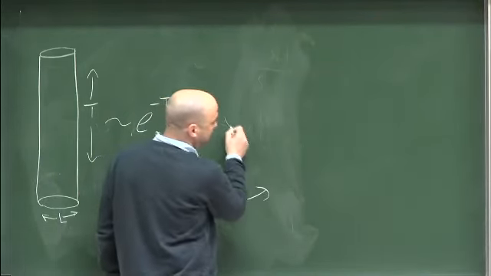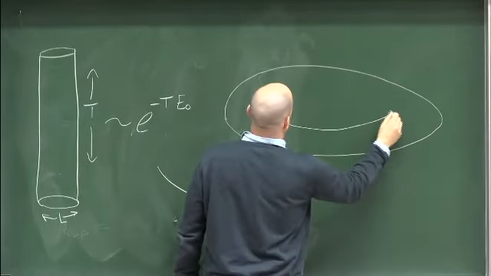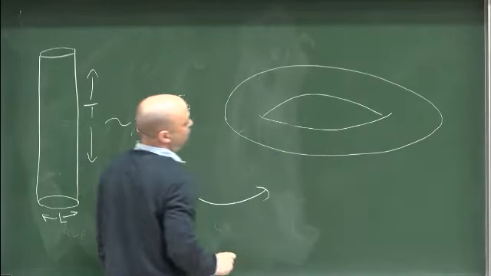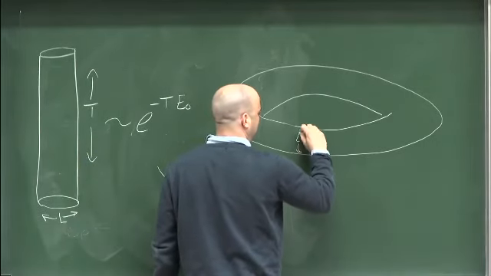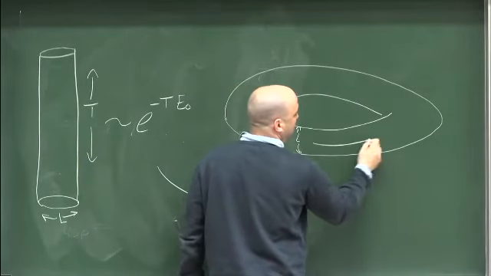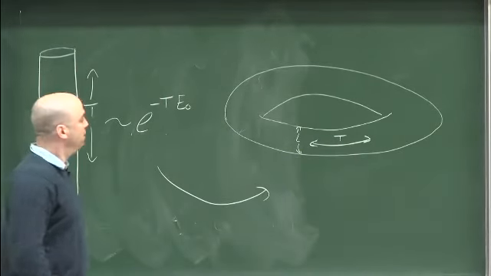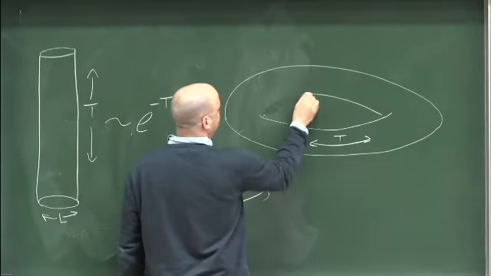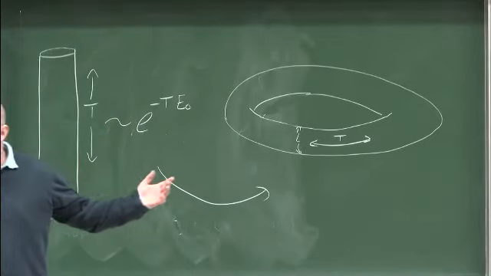If we do that, we'll get a very stretched torus, where now the length of the time direction is L, and the length of the space direction is T. And now we have to compute the thermal partition function on this torus.